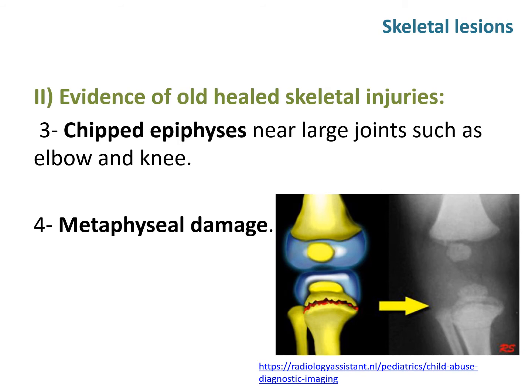The third evidence is chipped epiphysis near large joints such as the elbow or knee. This is known as the corner fracture, which occurs at the corner of the long bone inside the joints of the elbow or knee.